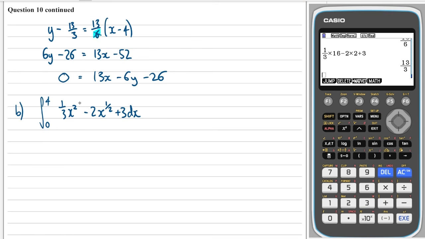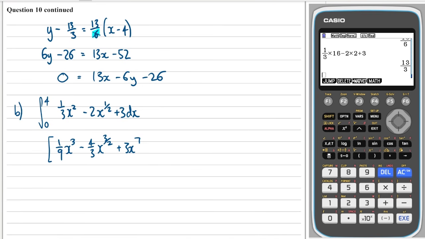Right, so when we integrate, we up the power and then we divide by the new power. So upping the power to 3, then dividing by 3 is going to give me 1/9. Upping the power to 3/2 and then dividing by 3/2 is going to give me minus 4/3. Yeah, that's right. And then up the power here is just going to give me 3x. And that's between 4 and 0.